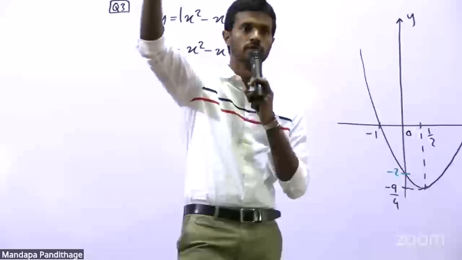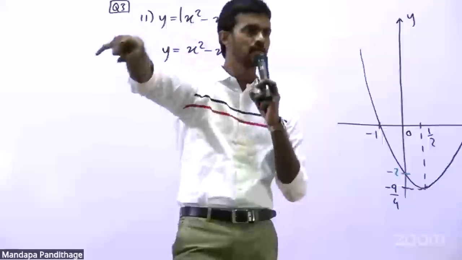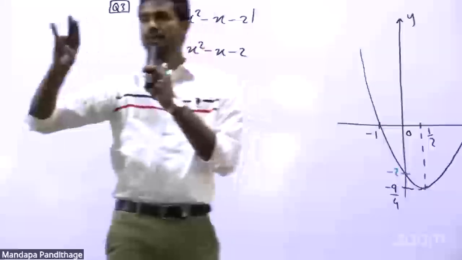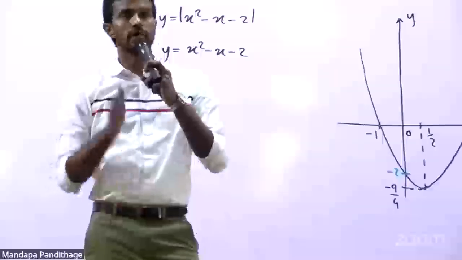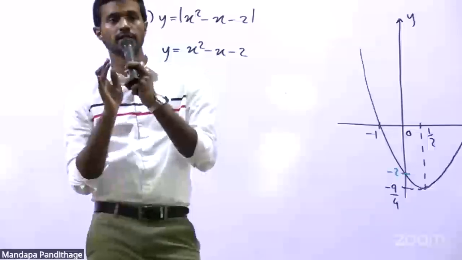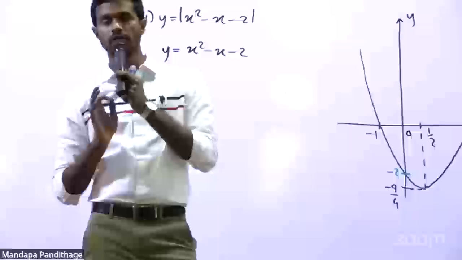Modulus 2 is 2. But what does a modulus do? If it is a negative inside the modulus, it converts the negative to a positive and gives that value. That's why the modulus of minus 2 gives you 2. So what is the task of a modulus?